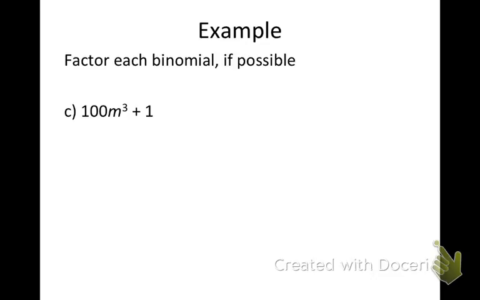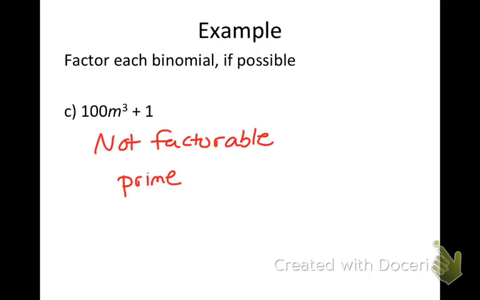I was thinking 1,000, right? 100 is a perfect square. So is this factorable? No. So you can write not factorable, or our textbook uses the word prime. That's up to you whenever you want to write. It is easier to write. Less words, less letters.